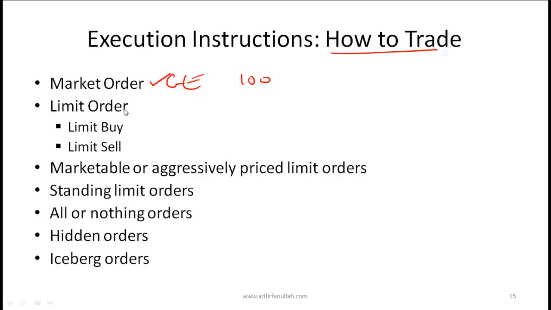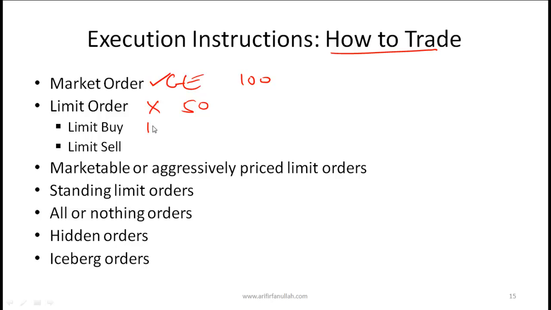A limit order is where you not only say that you want to buy or sell, but you also specify a price. Let's say that a given share X is trading for $50. A limit buy is where you tell your broker that you want to buy this share, but you feel 50 is slightly high, and you would buy this share for 49.